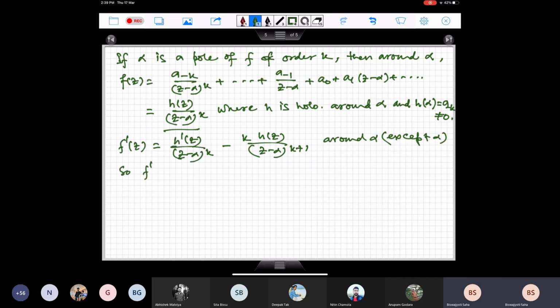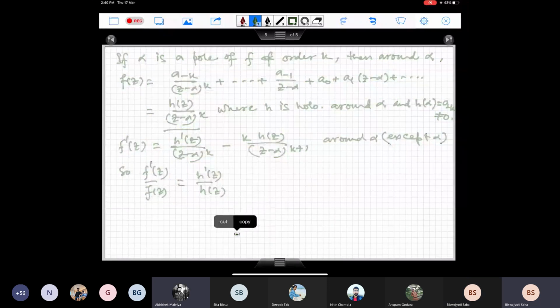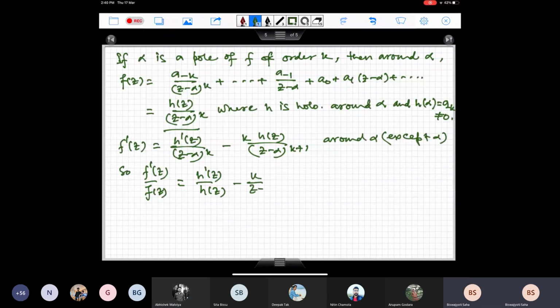So f prime upon f, what is this function? What am I getting this time? h prime z divided by h z, and then minus k upon z minus alpha.